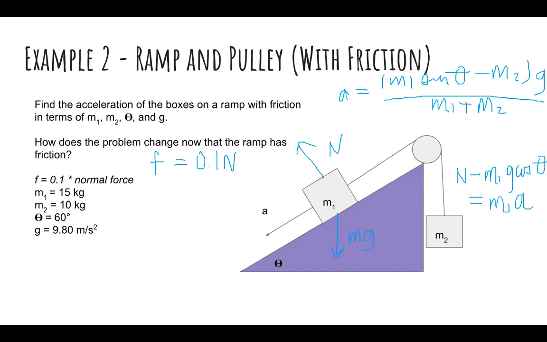Acceleration in the y direction is 0, so this whole thing is 0. So the normal force minus the y component of the weight, which is cosine theta, is equal to 0. Therefore, the normal force is equal to m1g cosine theta.